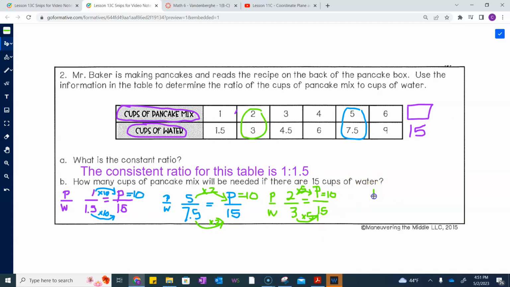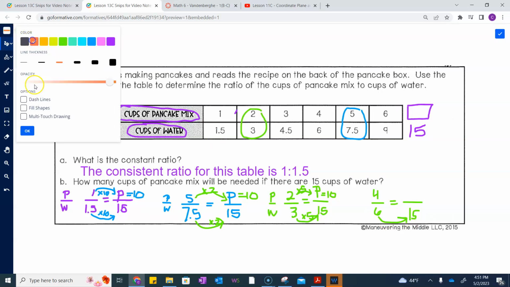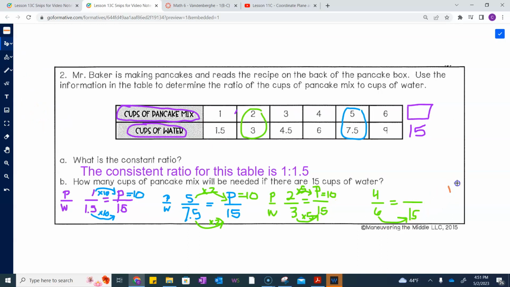A more challenging one that I wouldn't pick would be 4 to 6. It's not that it's impossible, but you'd have to really do some thinking to realize how you scale up a 6 to a 15. And if you did do some research on that, 15 divided by 6 is 2.5.